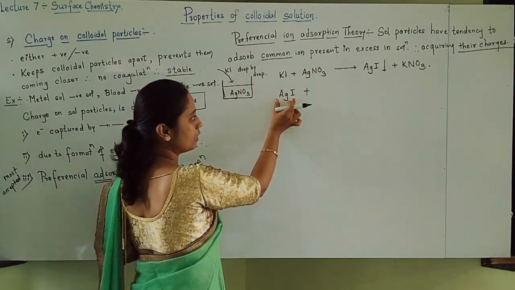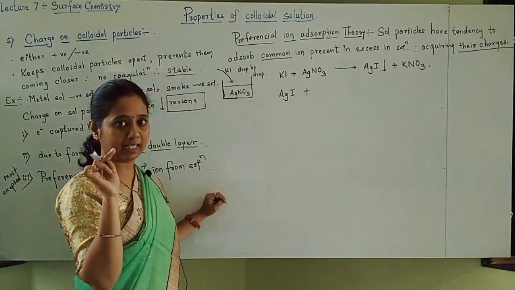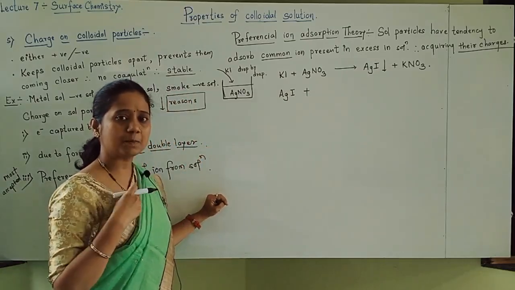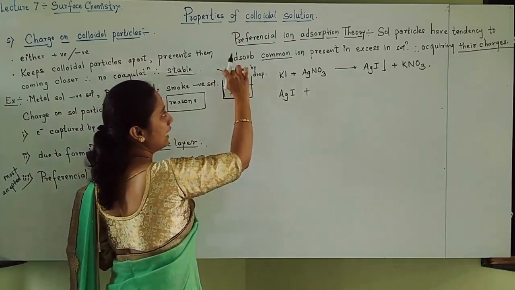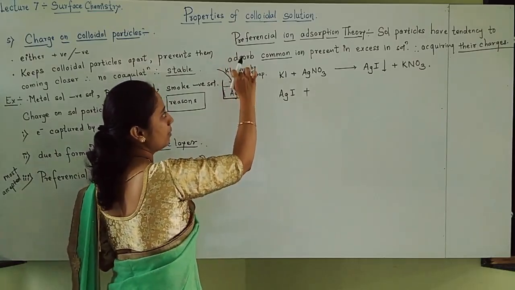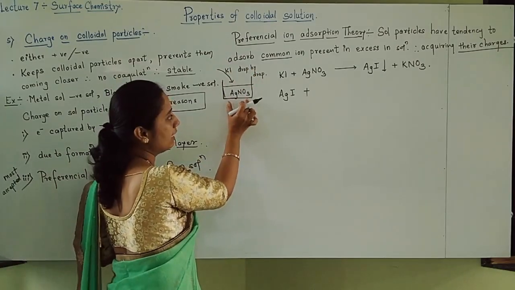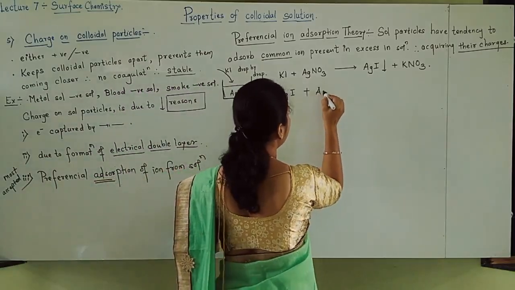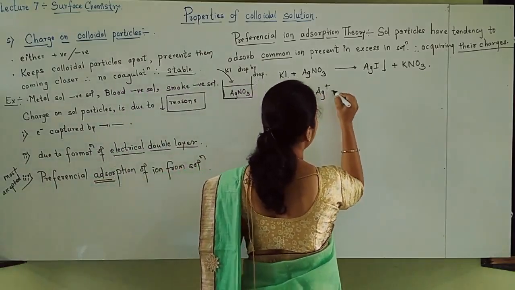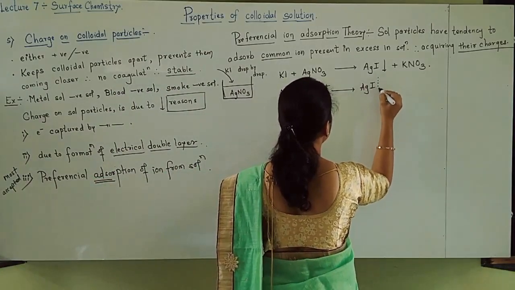Which ions are present in AgI? Ag and I. So it will take either Ag or I, the common ion which is present in excess in the solution. In the solution, KI is in less quantity because it is added drop by drop. So in excess, Ag will be there. So what will get adsorbed, the common ion, is Ag. So it will adsorb Ag plus ions.